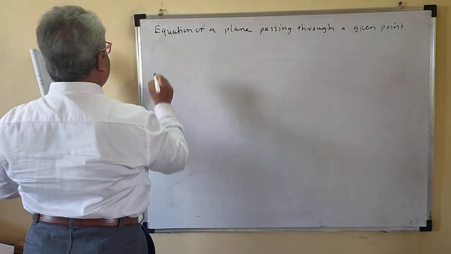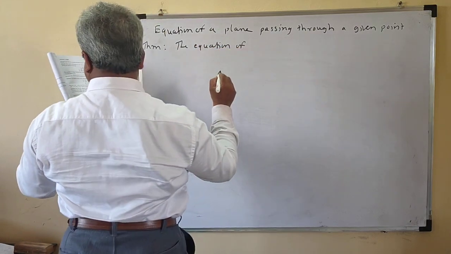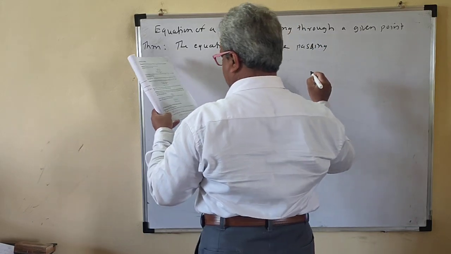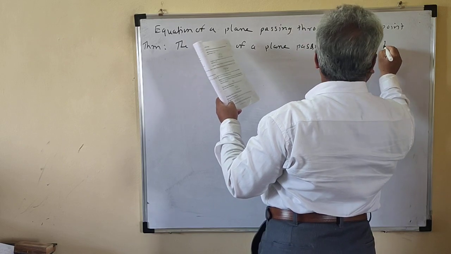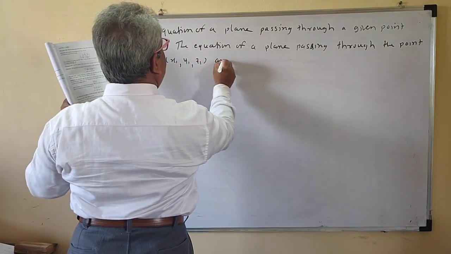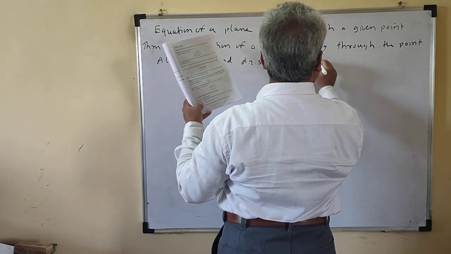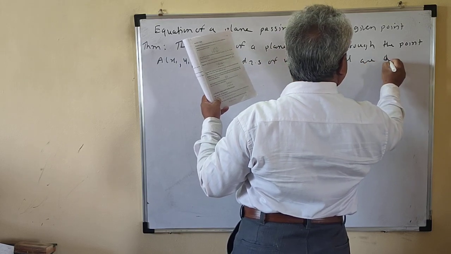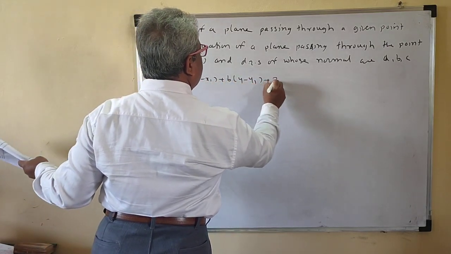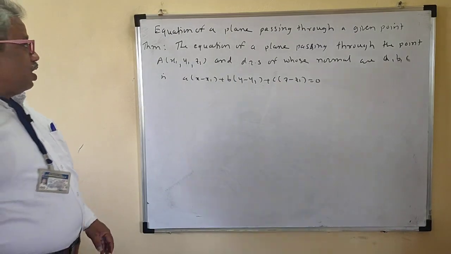Here, the equation of a plane passing through the point A(x1, y1, z1) and whose normal DRs are A, B, C is A(x minus x1) plus B(y minus y1) plus C(z minus z1) is equal to 0. Okay, so proof.